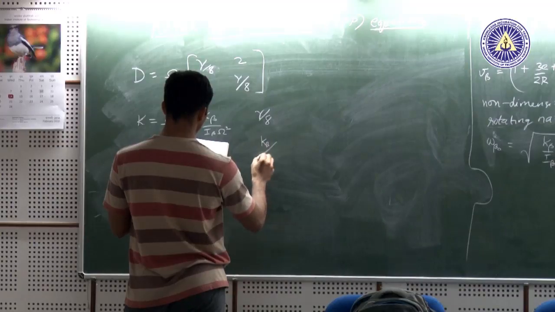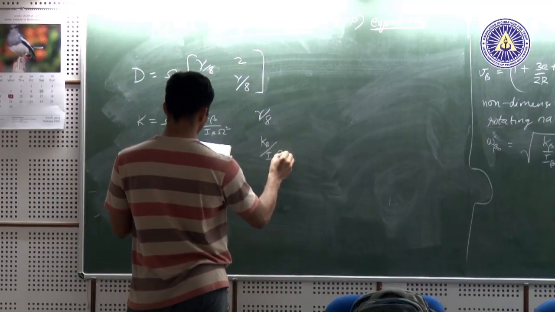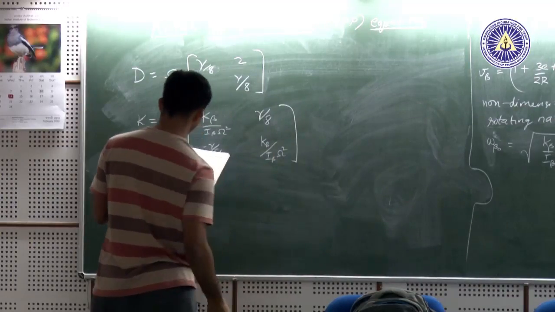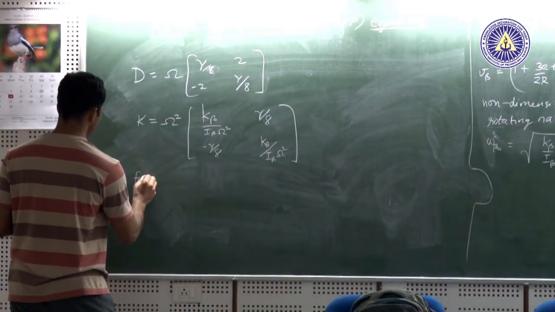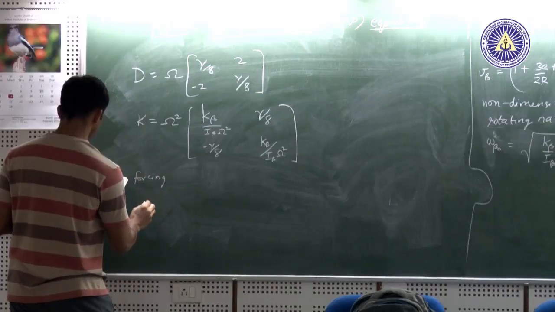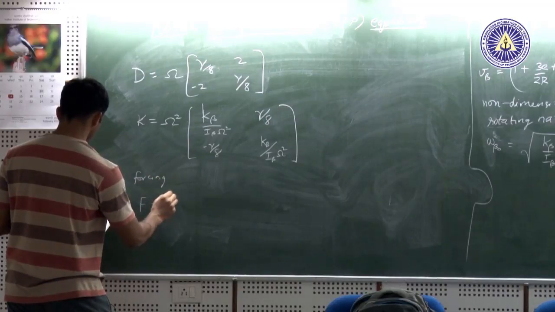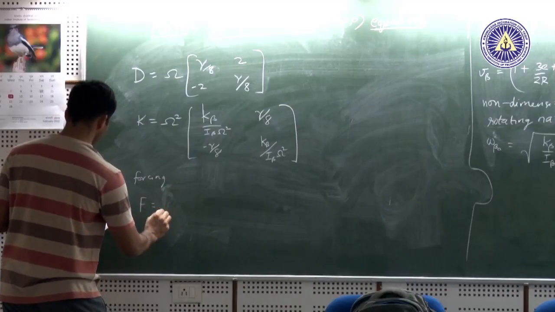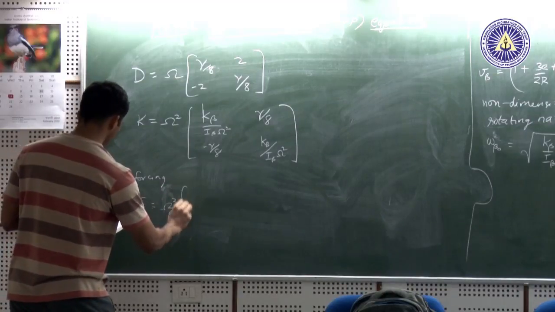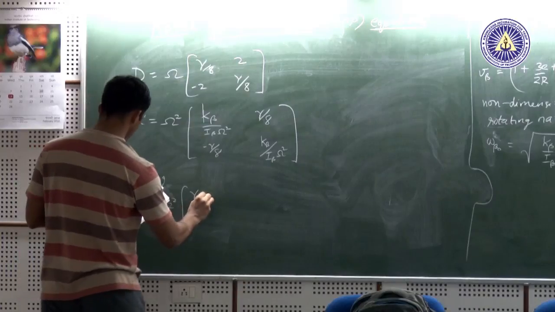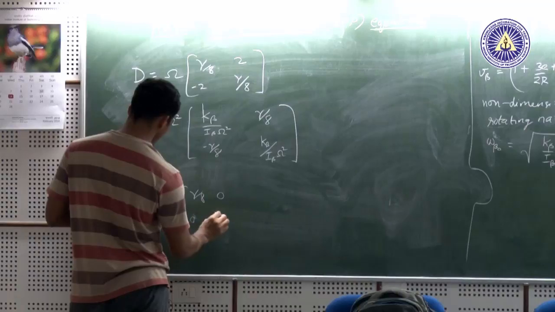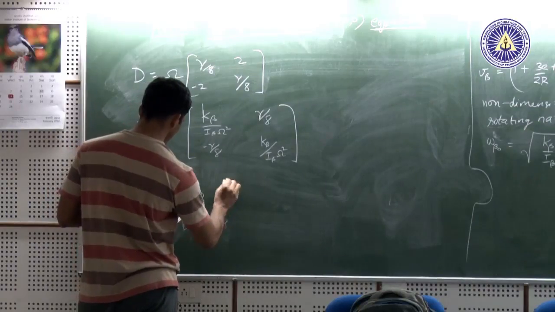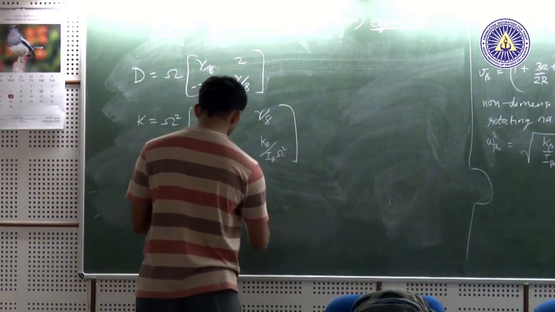k beta by I beta omega square, and your forcing will have terms like omega square gamma by 8, 0, 0, gamma by 8.